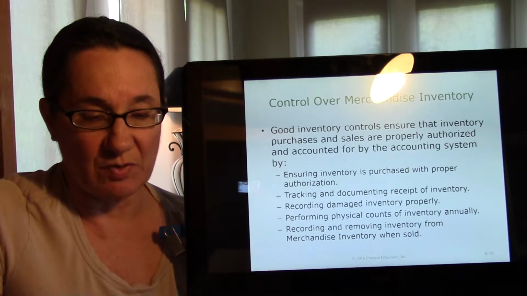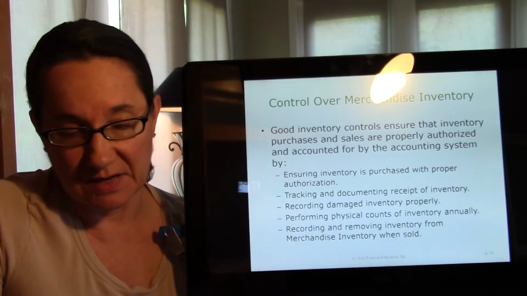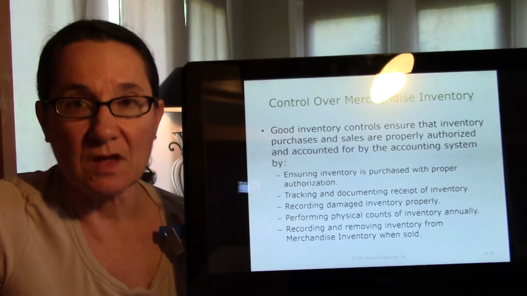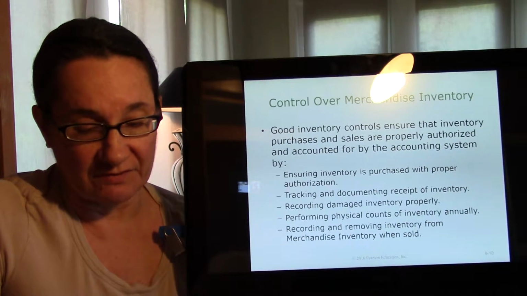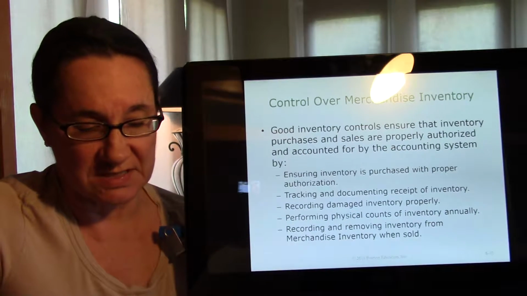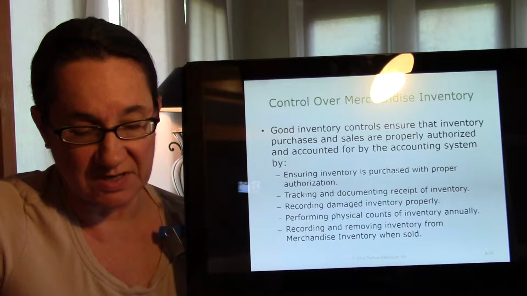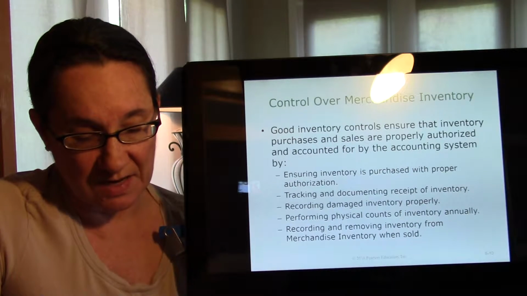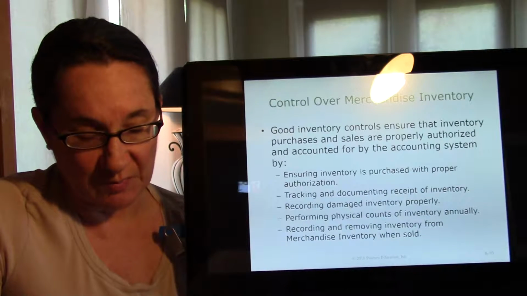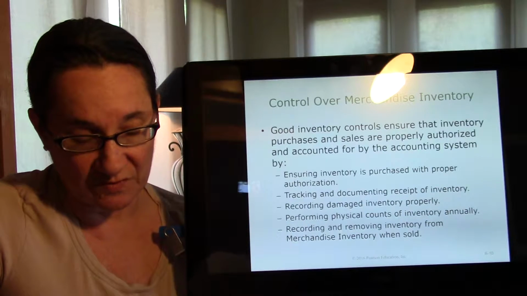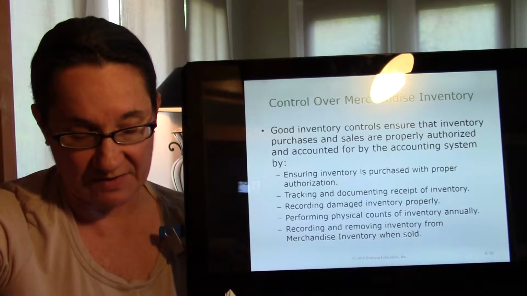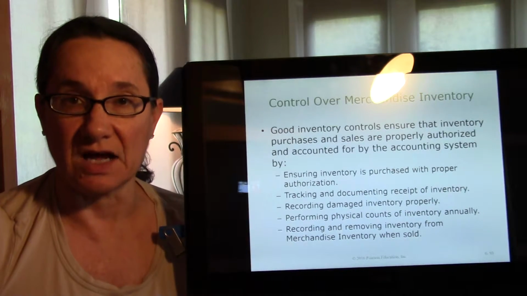Damaged inventory should be properly recorded and then should be either used, disposed of, or returned to the vendor. A physical count of inventory should be completed at least once a year to track inventory shrinkage due to theft, damage, and errors. When sales are made, the inventory sold should be properly recorded and removed from the inventory count. This will prevent the company from running out of inventory, often called a stockout.